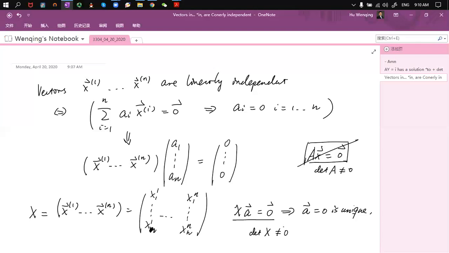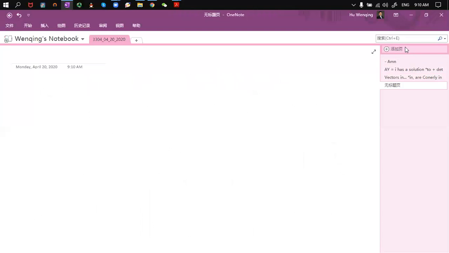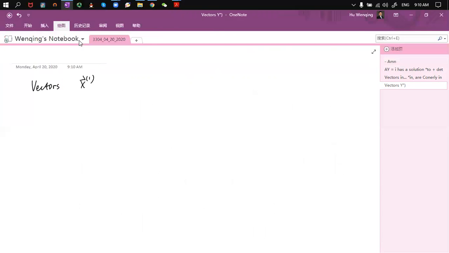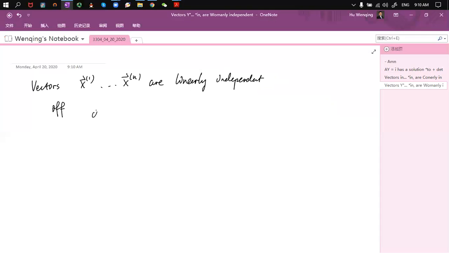So you get such a statement about linear independency: the vectors x1 up to xn are linearly independent if and only if the determinant of the matrix with columns x1 up to xn is non-zero. We treat each of these xi as column vectors.